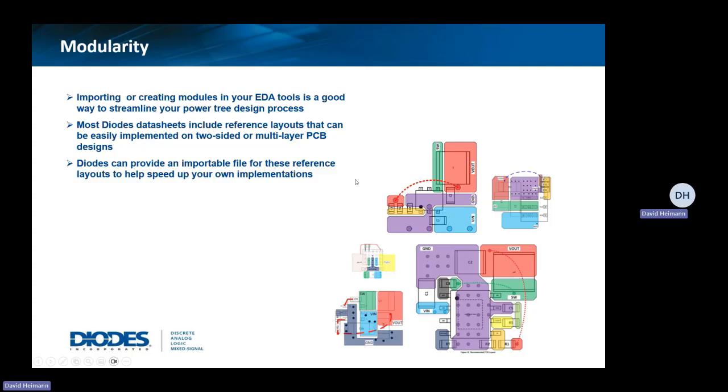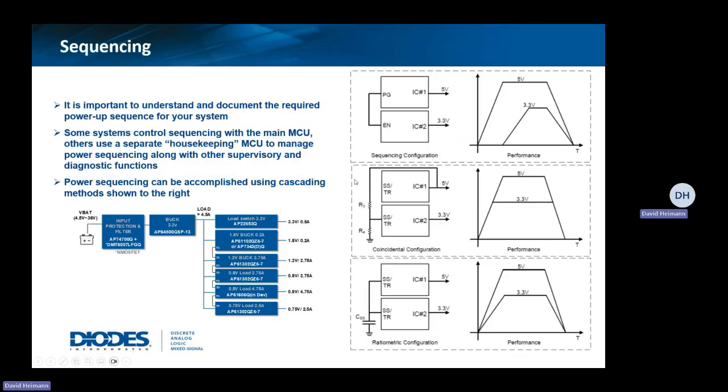So at any rate, let's talk a little bit about sequencing. For the power tree that we showed initially, remember they had a specific sequence that they wanted to follow. A simple way to do it in practice is this: a lot of our DC to DC converter parts have a power good pin, and then you typically have an enable pin.